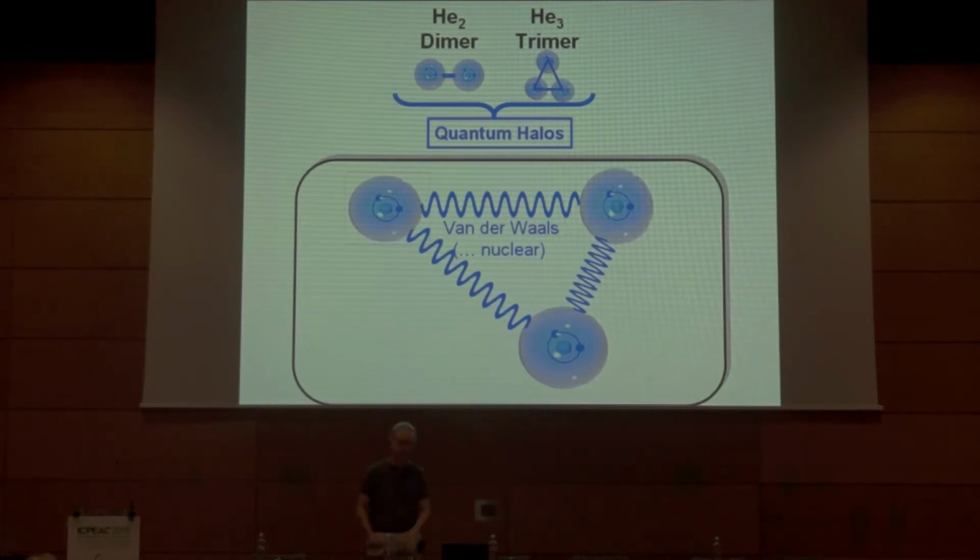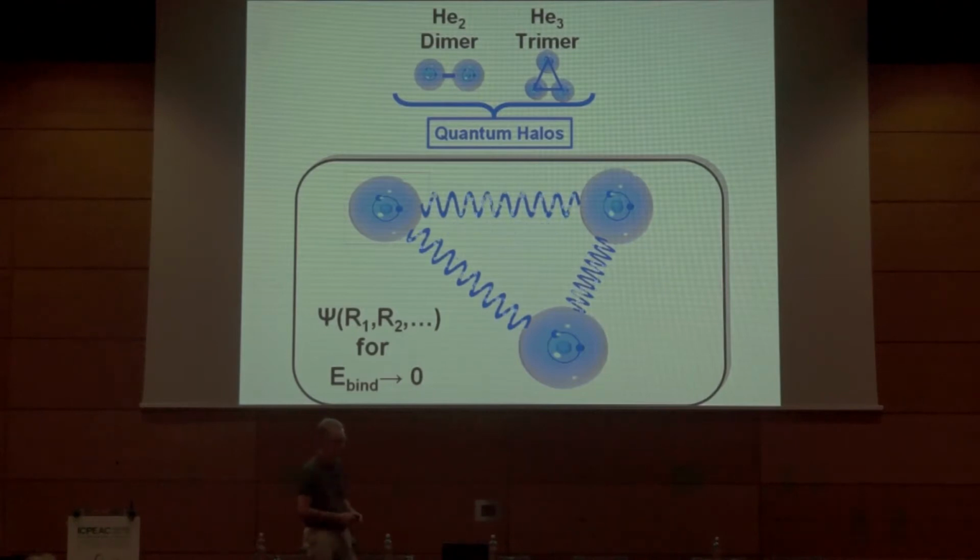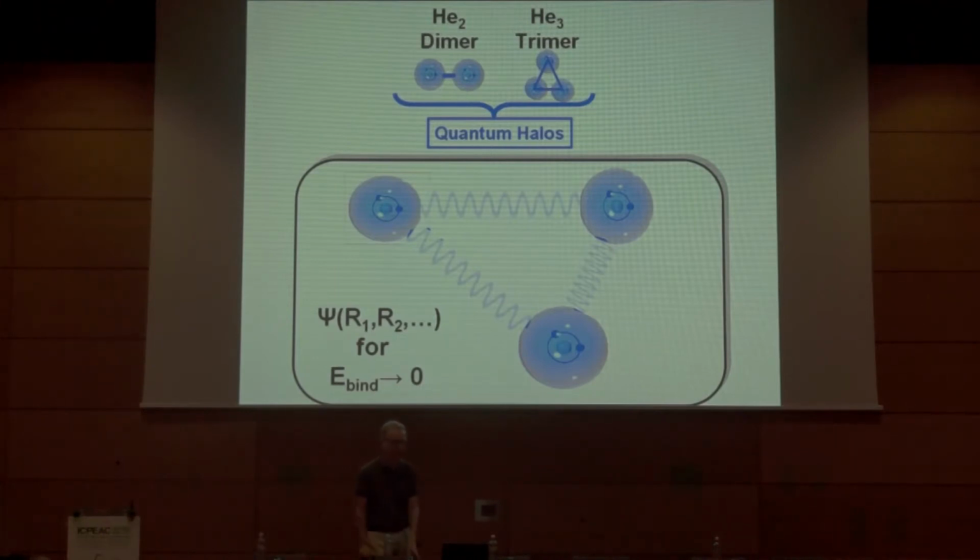Now the question I will answer is, what happens to the wave function of this few-body system if you decrease the bond? If you make that bond weaker and weaker, and in that limit that the binding energy of the system goes to 0, what happens to the wave function? And I will show you what these wave functions are.